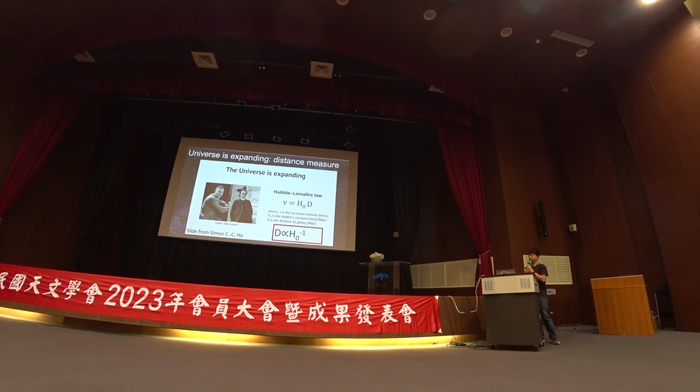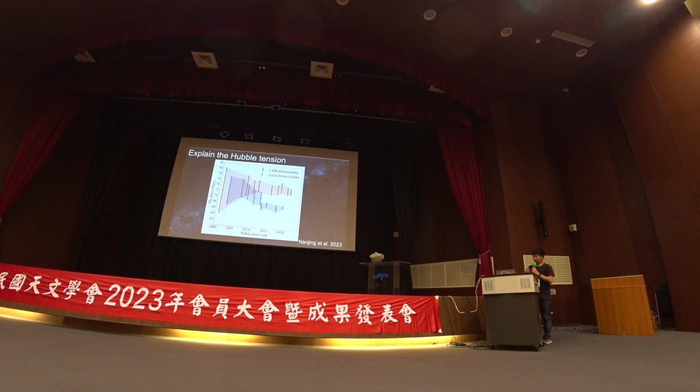Hubble's law tells us how far from us, how fast it is. It comes to the equation: velocity equals Hubble constant times distance. So distance is proportional to 1 over Hubble constant.